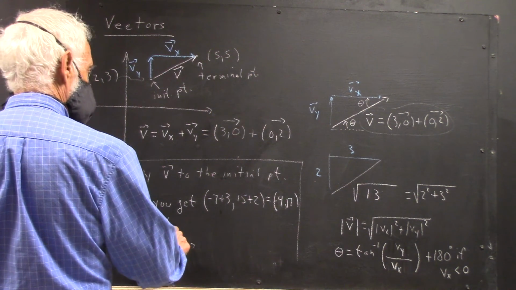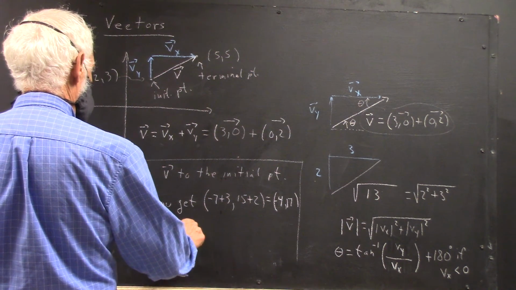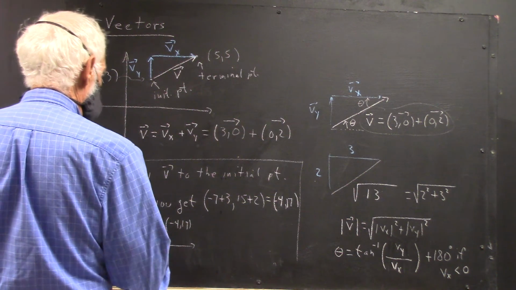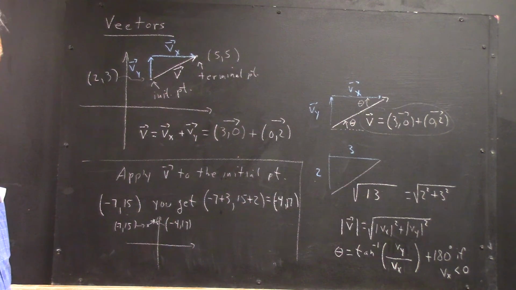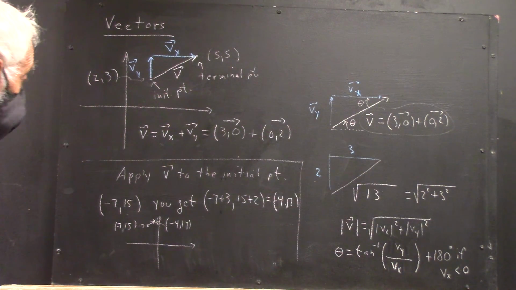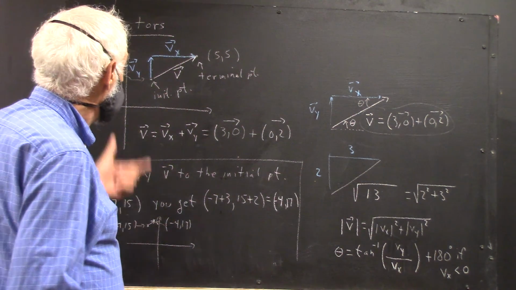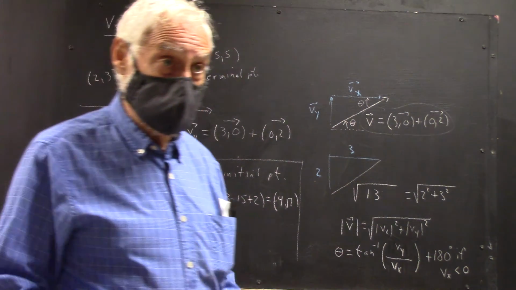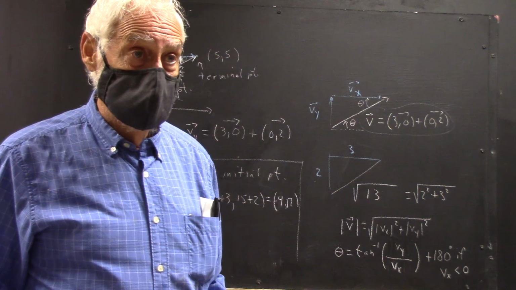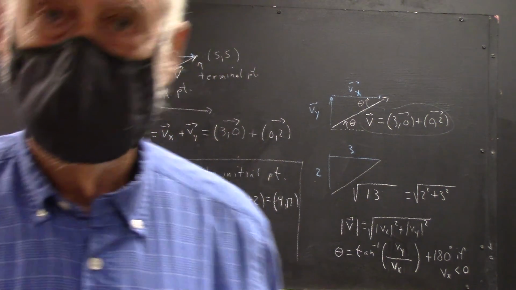And it puts you at negative 4, 17. And if you sketch that out, it makes perfectly good sense. Okay? So, that's what a vector is in 2 dimensions. First definition. Now there's other definitions, so we'll go on to that.